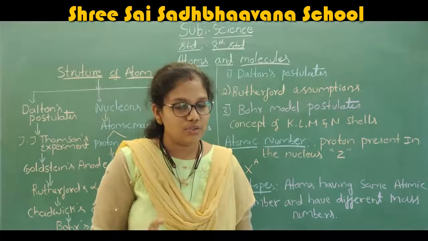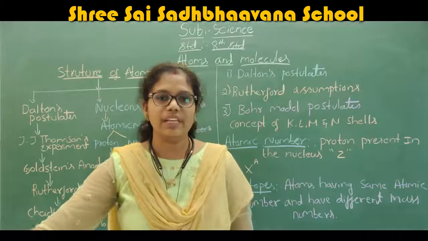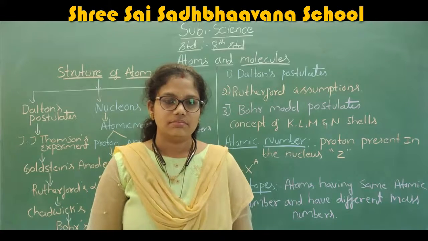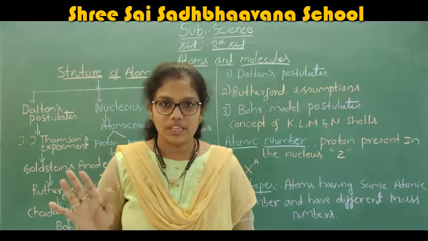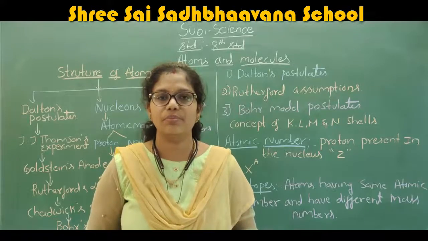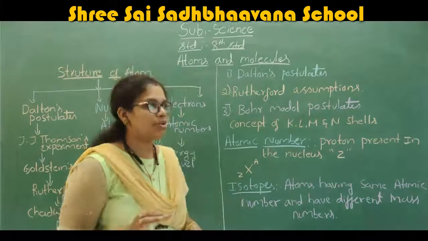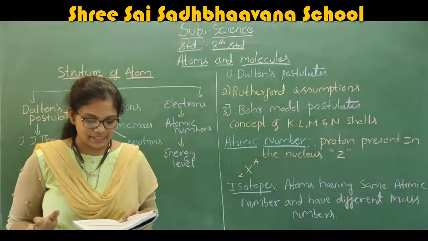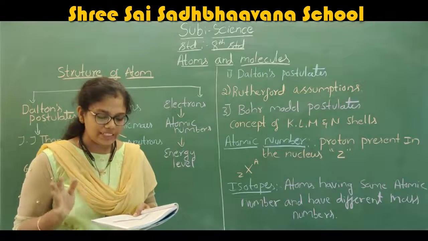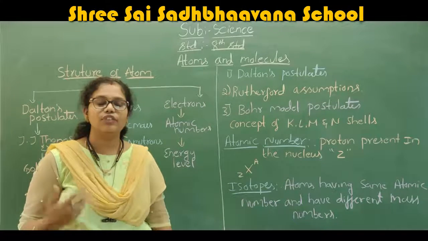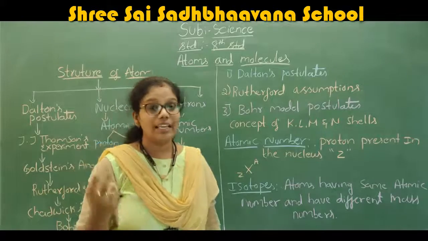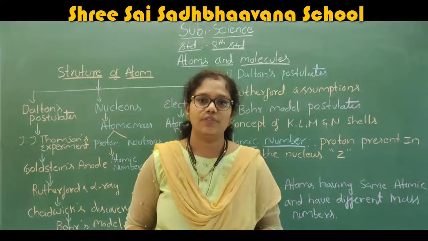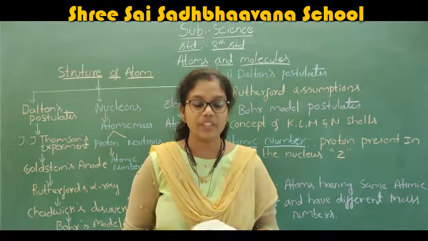The family of hydrogen cannot be converted to the family of oxygen. What is the third important postulate? Atoms of one element cannot be converted into those of other elements.